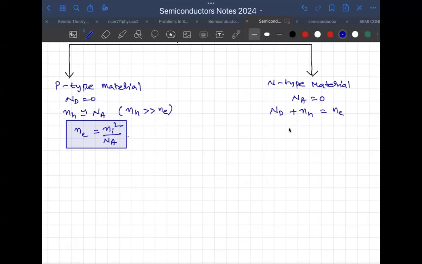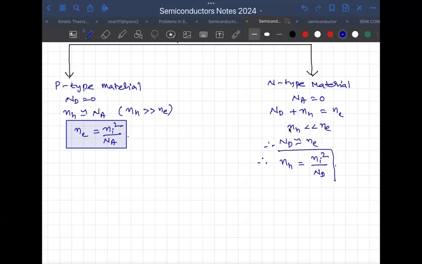In N-type, NH is very small when compared to Ne. So almost ND is the same as Ne. Therefore, NH, the minority in N-type, is Ni square by ND.